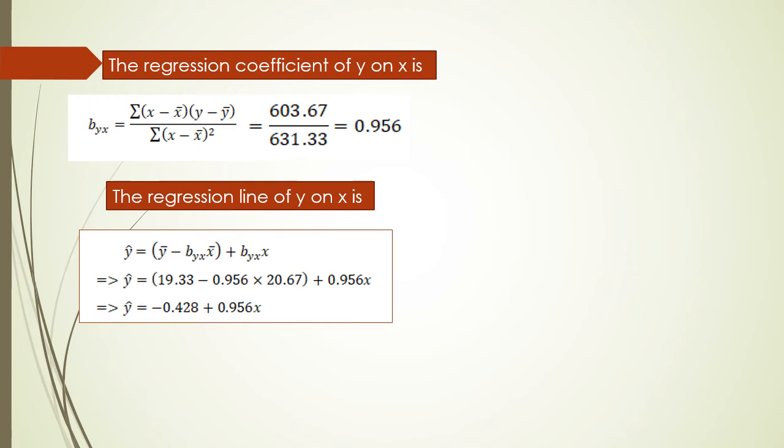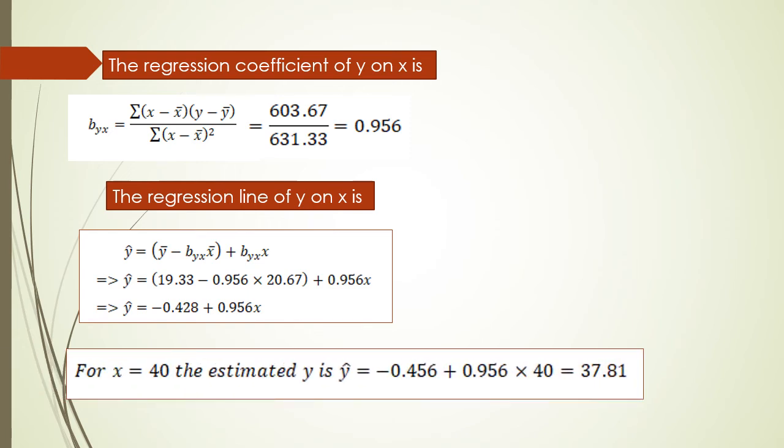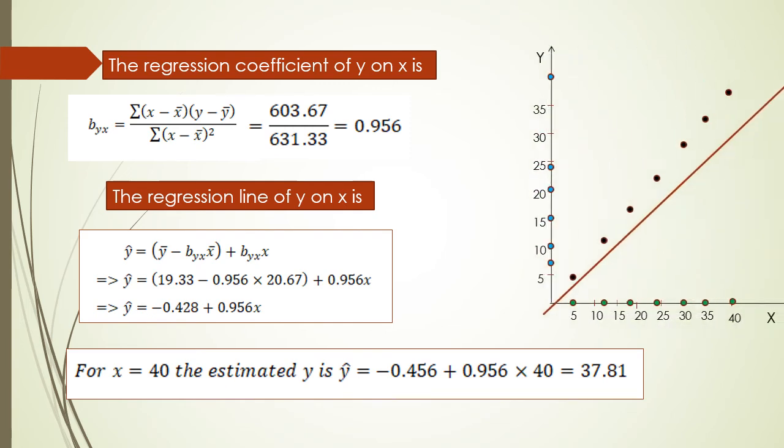And putting our calculated values in this formula, we find that y hat equal to minus 0.428 plus 0.956 into x. And finally, if in the last formula we put x equal to 40, we get the estimated y when x equal to 40, and this comes out to be 37.81.